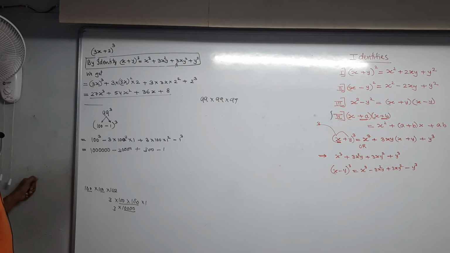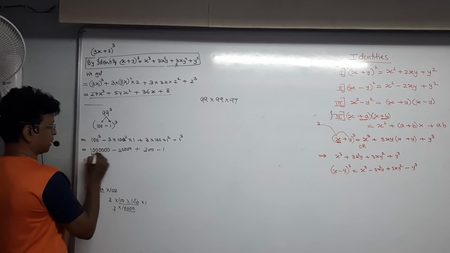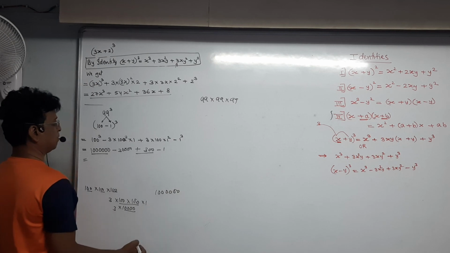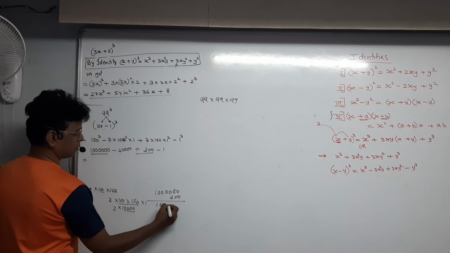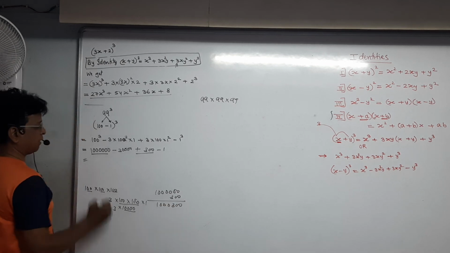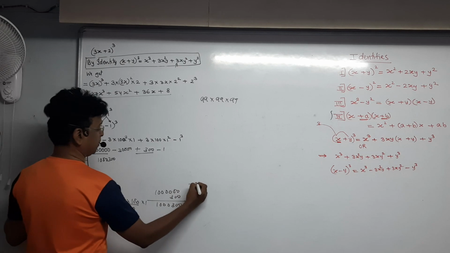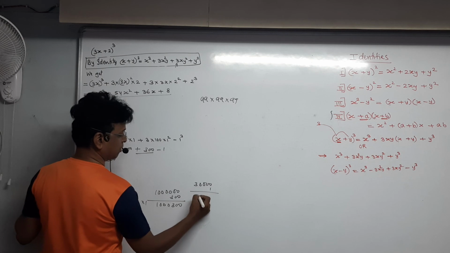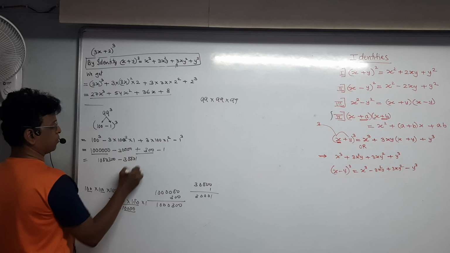Now first I will add: 1, 2, 3, 4, 5, 6 zeros, this will give me 1,000,000. And minus 30,000, minus 1, means again you will add these, so this will be minus 30,001. Then plus 300, so minus 29,701.